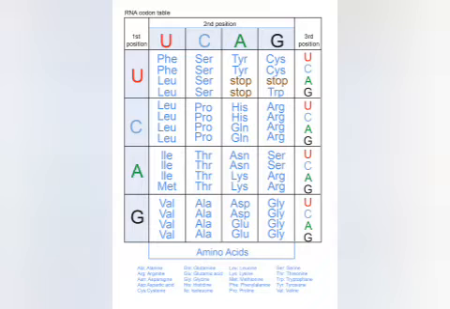Because of this nature of the nitrogen bases, one tRNA can recognize several different codons coding for the same amino acid. Let's come to the characteristics of the genetic code.